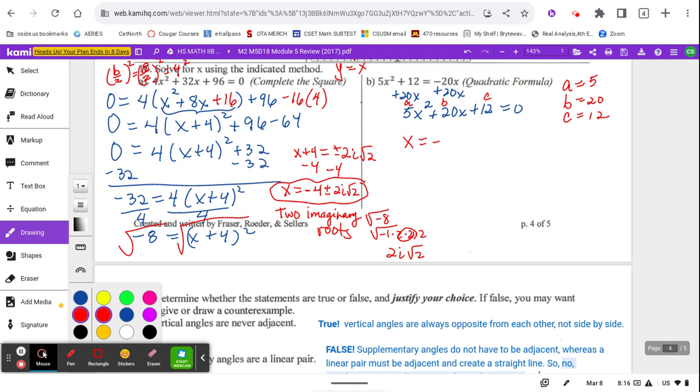And here we go plugging in. Negative b plus or minus square root b squared minus 4 times a times c all over 2a. 400 minus, that's 20 times 12, is that 240?